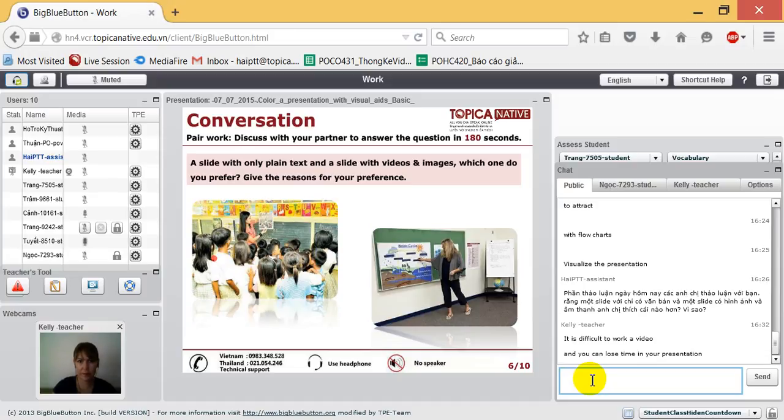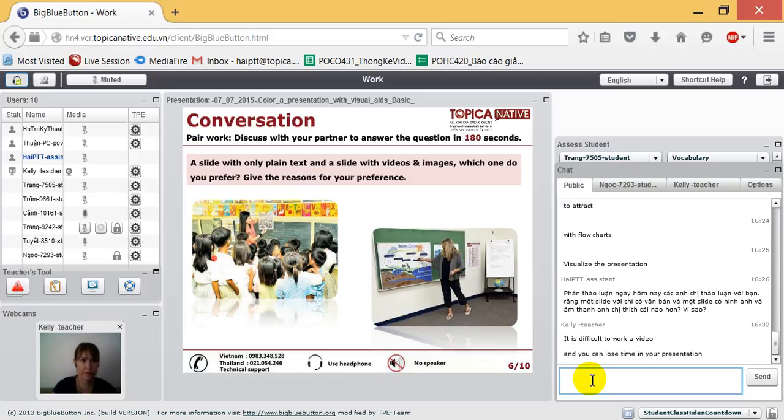So if we make a good preparation, it helps you. It helps you with a chart.